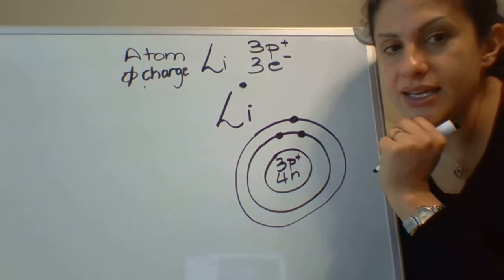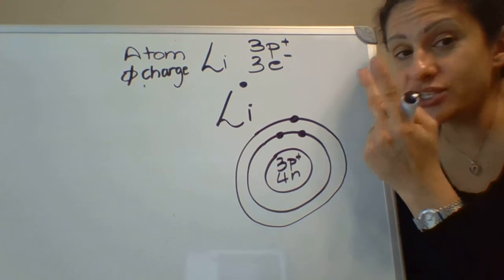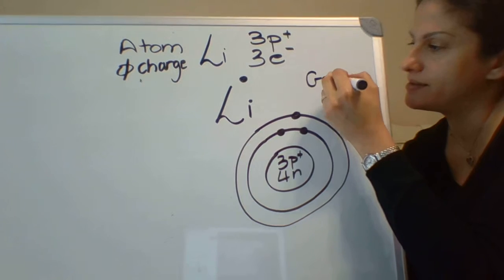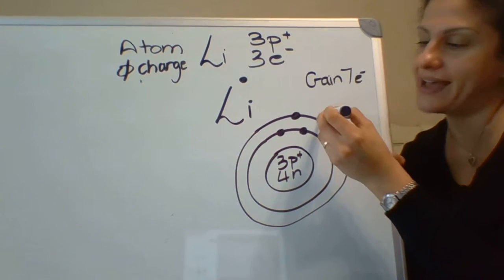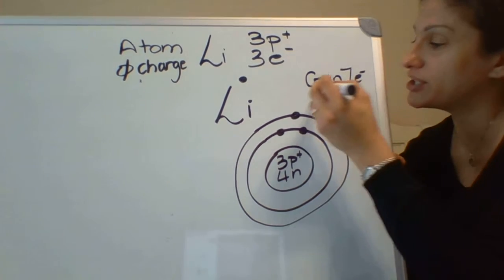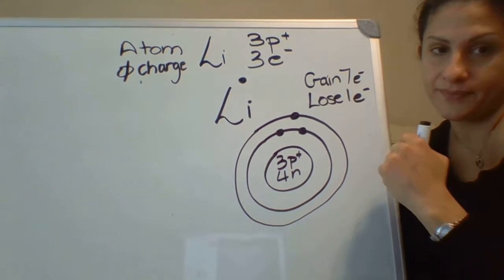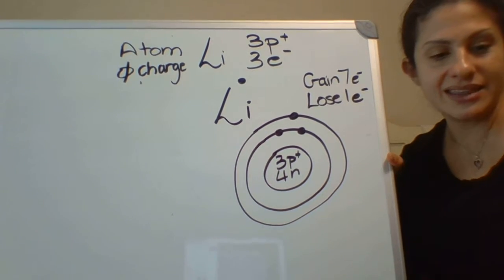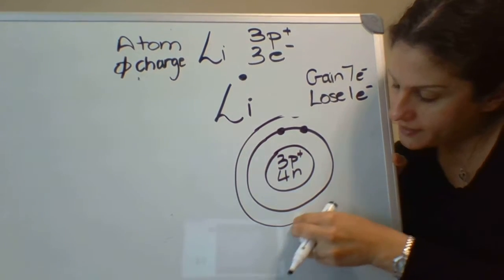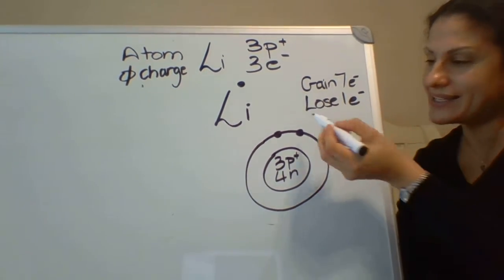Now look at it. In order to achieve a full shell, lithium actually has 2 choices. It can gain 7 more electrons to add to shell number 2, or what's actually the easier option is to lose this 1 electron up here. Because look what happens if lithium decides to give up that 1 valence electron. It now has a full shell.